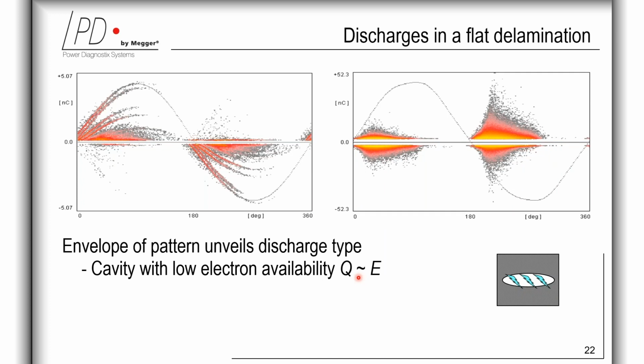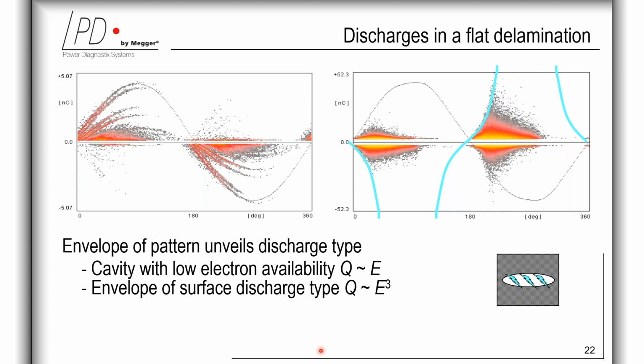Also, based on the found linear relation between the electric field and the radius of the resulting surface discharge, the area covered by this discharge is correlated to the square of the electric field. And therefore, the envelope of the partial discharge pattern of an ideal flat delamination is correlated to the power of 3 of the local electric field.